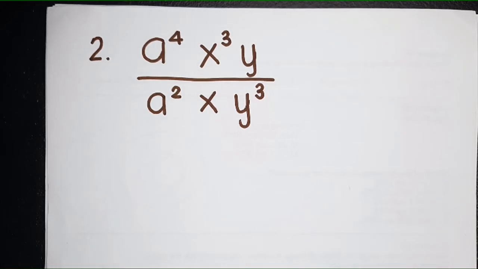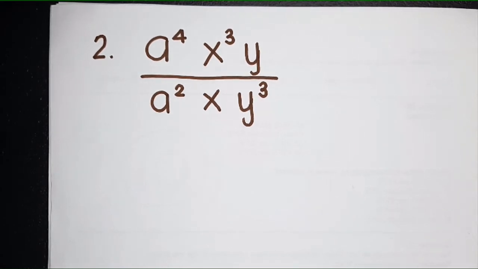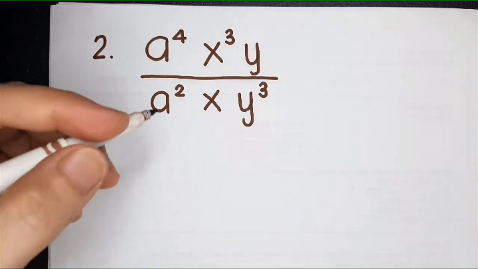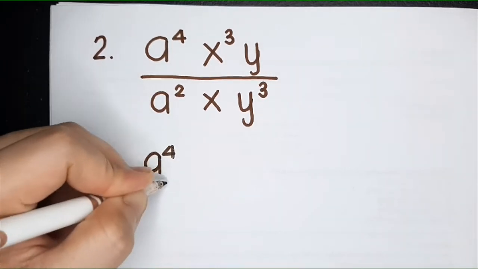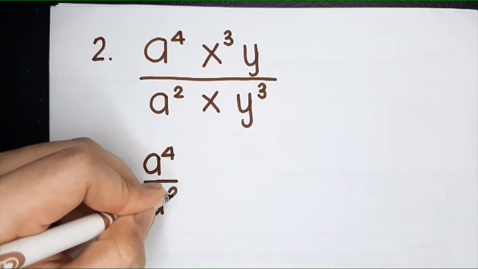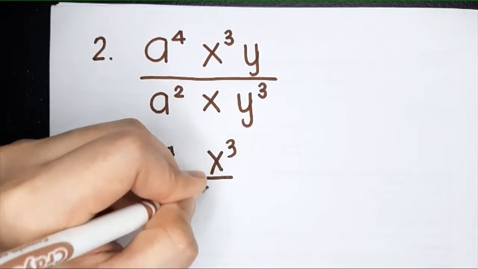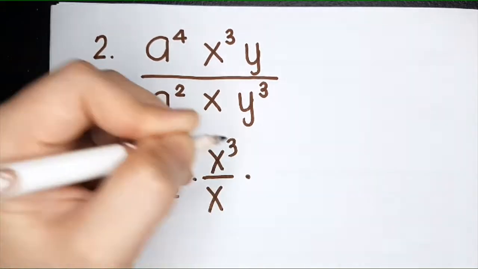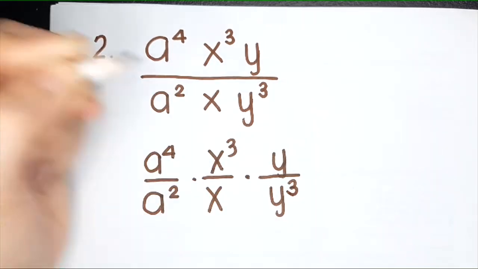Let's have this second example. This must be easy. All you have to do is to recall the quotient rule of integer exponents. Okay? So you can write this rational expression in this way: a raised to 4 over a squared, times x cubed over x, times y over y cubed.